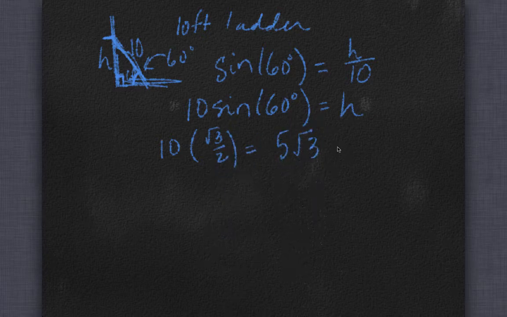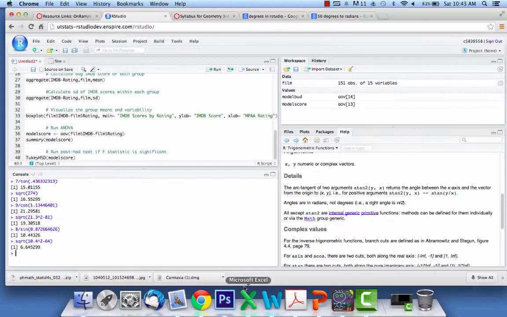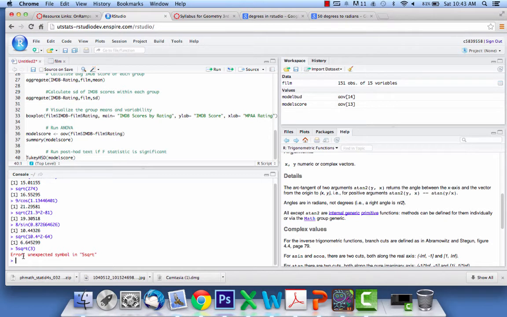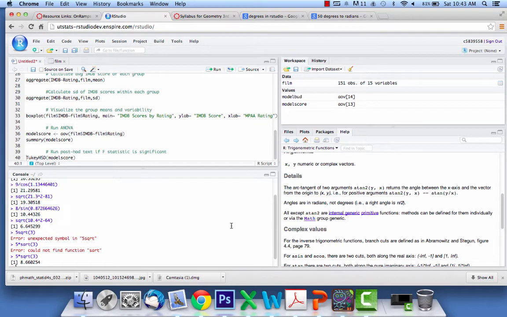Whenever you put this in your calculator, whatever this is, that's what the side is. 8.66.